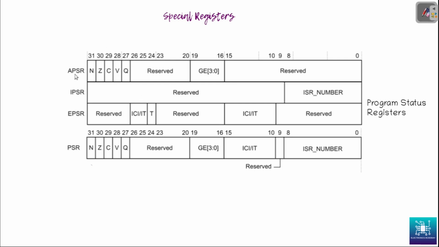For example, there could be a combination of APSR, IPSR, and EPSR, and so on. These are called program status registers. Let us now go back to the data sheets and reference manuals and try to find out where these registers are. From there, we will see what these registers contain and what they do.